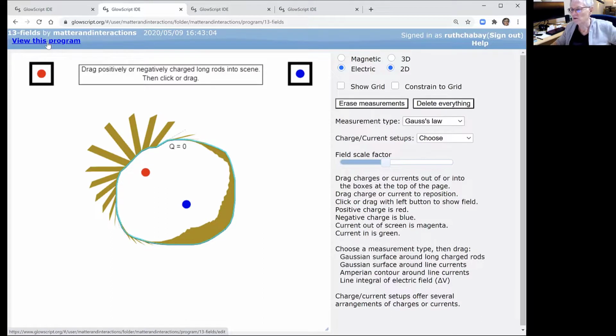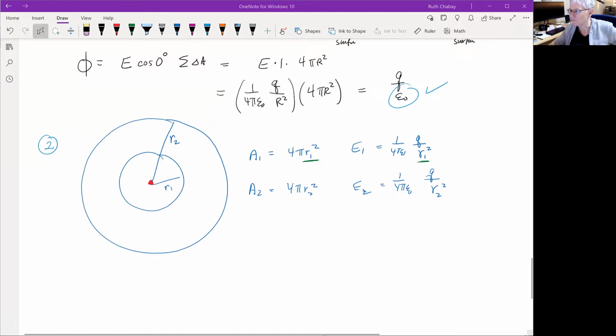Okay, so there's a more formal proof of various of these things in the textbook that you can read if you want.